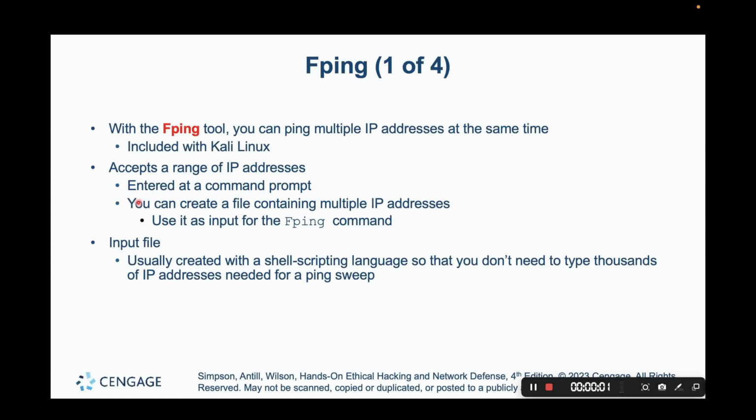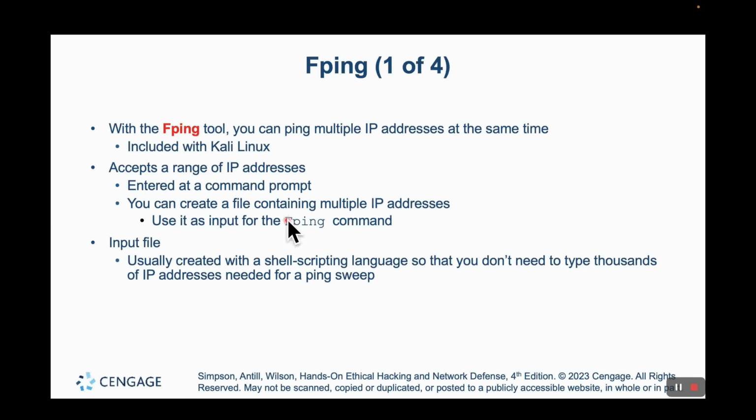Okay, so now let's learn about other tools that can be used to ping multiple IP addresses or even a single IP address. For example, like the fping tool, you could ping multiple IP addresses at the same time, which is included in Kali Linux. It accepts a range of IP addresses. You can enter it at the command prompt.